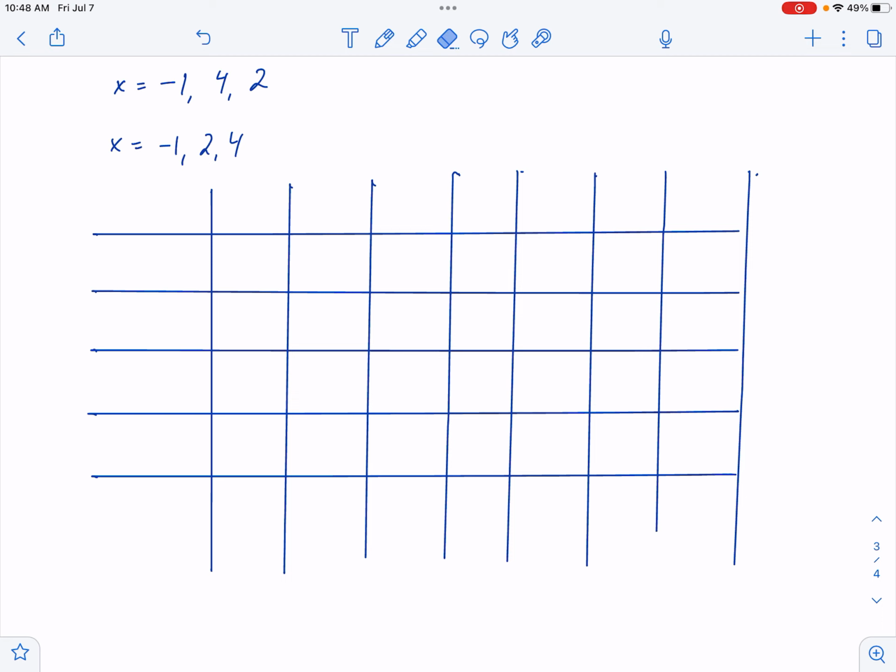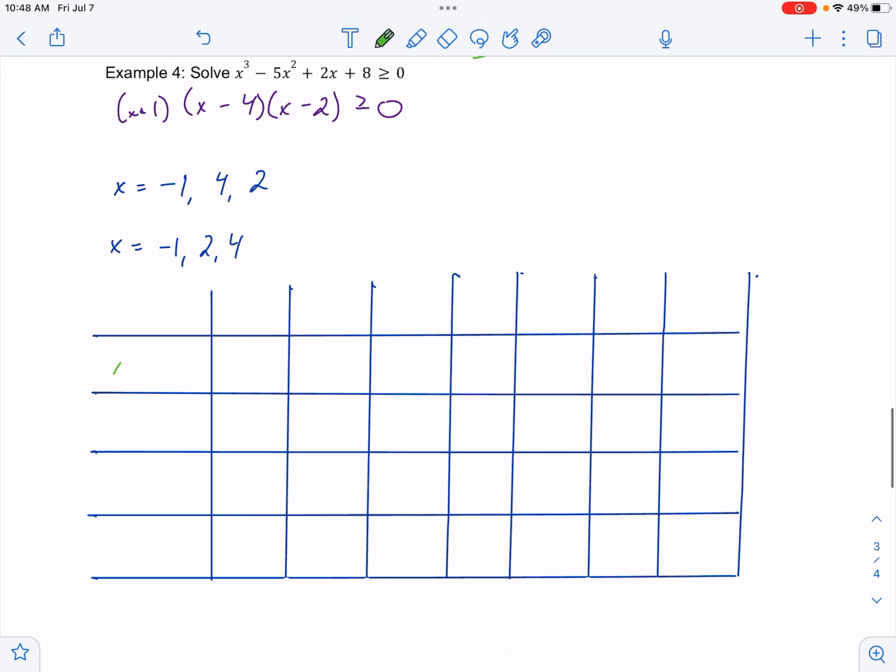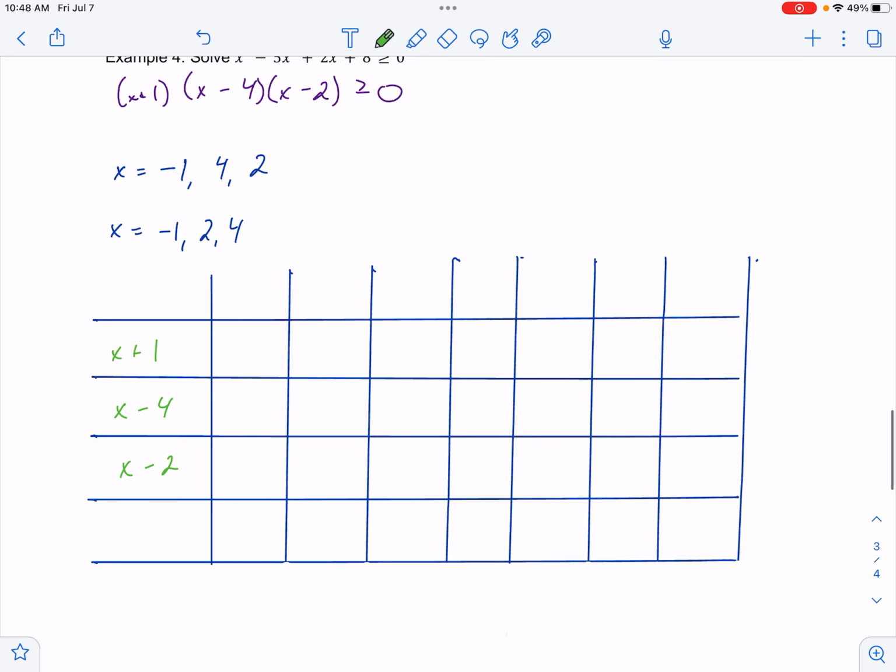All right, let's erase what we don't need here. Okay, we are going to write our factors in. Our factors were x plus 1, x minus 4, x minus 2, and the whole thing, x plus 1 times x minus 4 times x minus 2.